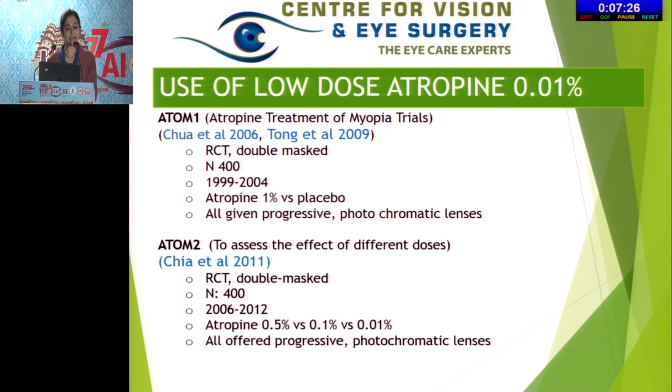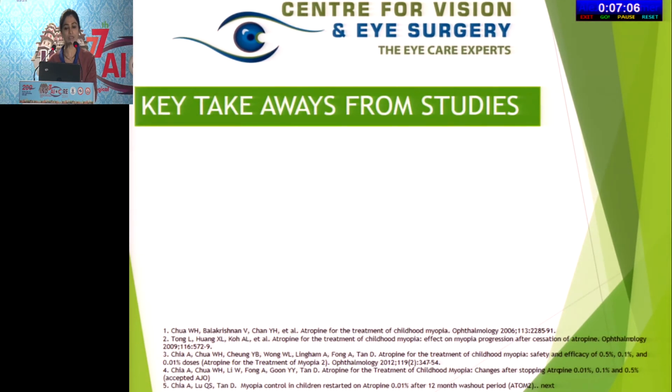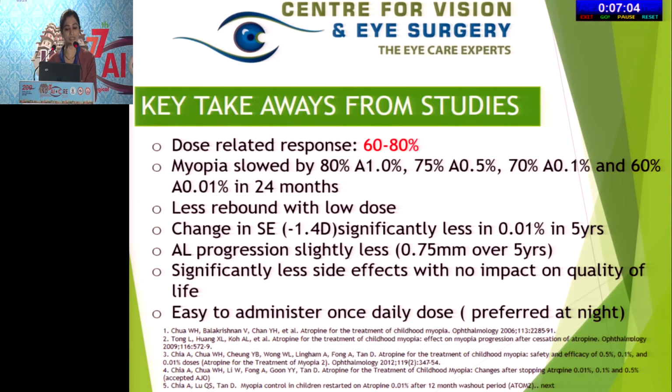Then there was ATOM-2, which assessed the effect of different doses. It was also an RCT, double-masked, with 44 patients, and it evaluated the different doses, 0.5% versus 0.1% versus 0.01%. Now let's see what were the key takeaways from the studies.